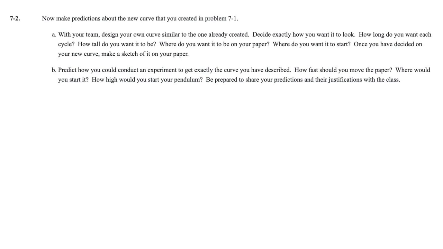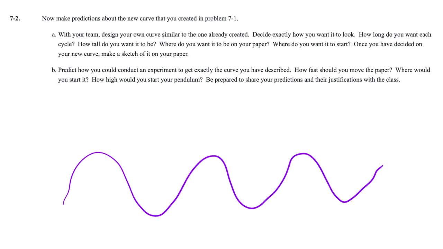Okay, so 7-2 is another one you can just really think through. There isn't a lot to write down or talk about; it's trying to get you to think about how you want this thing to look. How tall do you want this curve to be when you're graphing it? How high should it be going? It's talking about things like, how much would the bag swing?